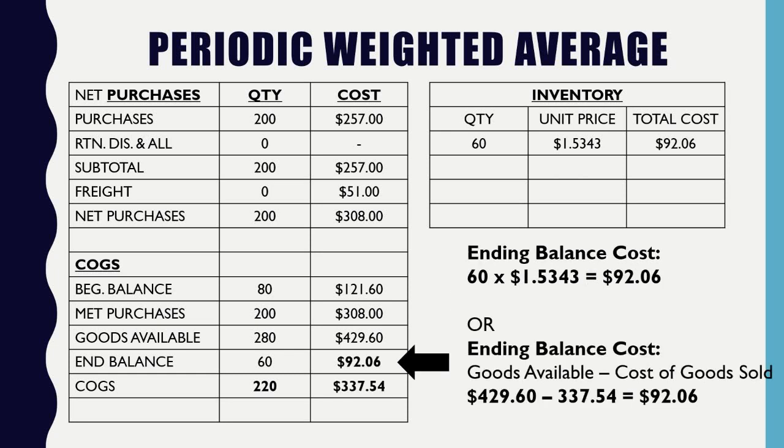And then, of course, you could do your ending balance however you'd like. In this case, easiest would be the 429.60 minus the 337.54, and you'll get the more accurate answer instead of having to do another rounding math problem there.